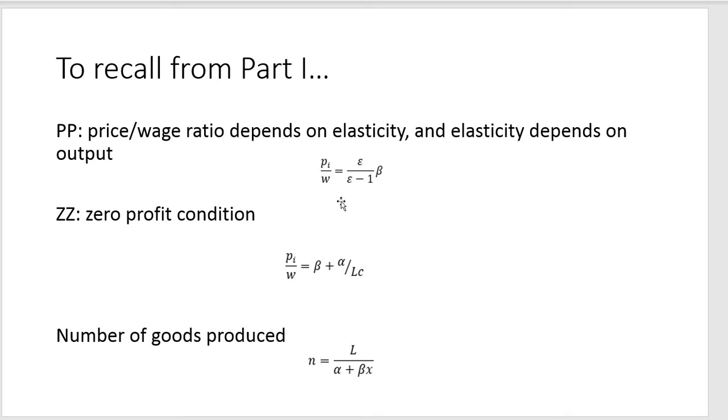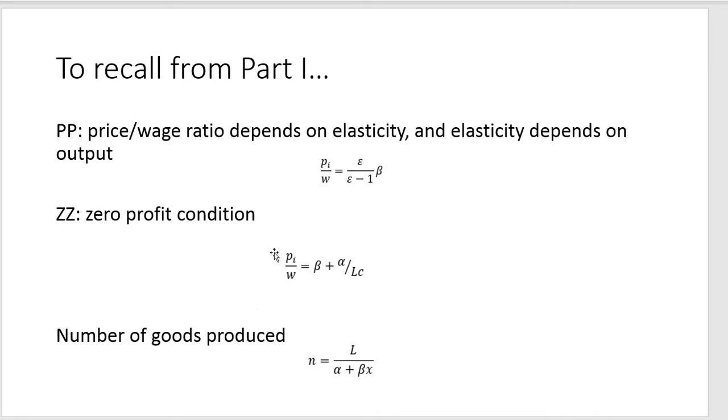We derived the ZZ curve from the zero profit condition because, as you remember, under the monopolistic competition model, all the firms make zero profit in the long run, and this happens due to the absence of barriers to entry.